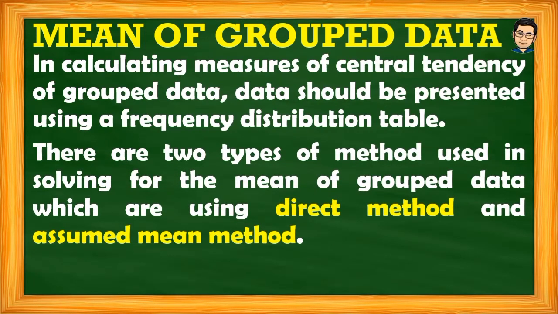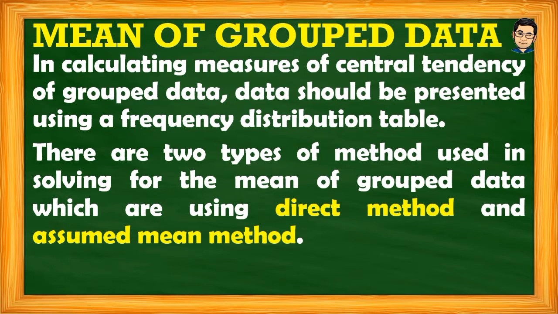There are two types of method used in solving for the mean of group data, which are the direct method and the assumed mean method. Dito sa video lesson na to, ituturo ko po sa inyo kung paano i-calculate yung mean using two different methods.